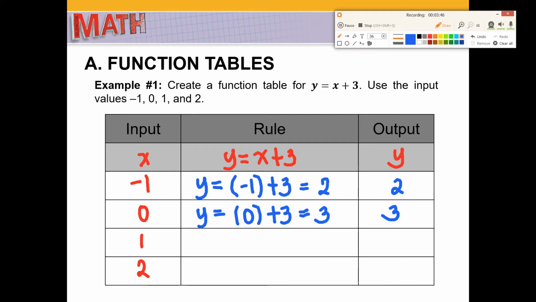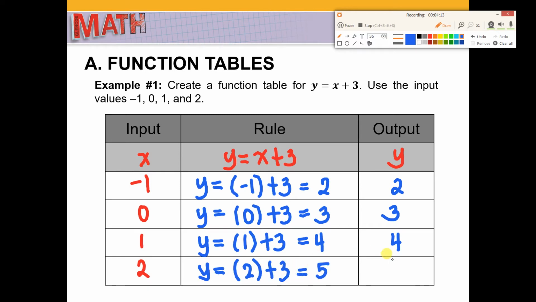Let's continue doing this. We have y equal, and then I will exchange x with 1. So I have 1 plus 3, which is 4. And then the last one will be y equal, I will exchange x with 2, and then it will be 2 plus 3 equal 5.